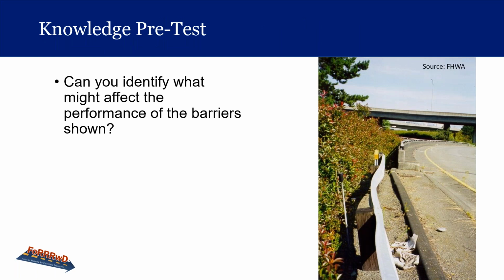So let's do a knowledge pretest. Let's take a look at this picture and tell me if you can identify what might affect the performance of the barriers that are shown here.